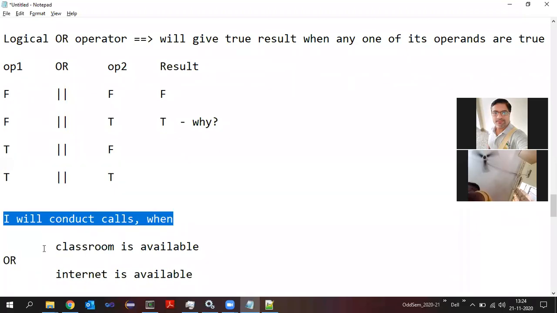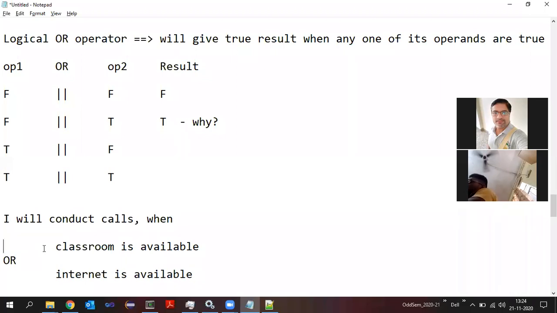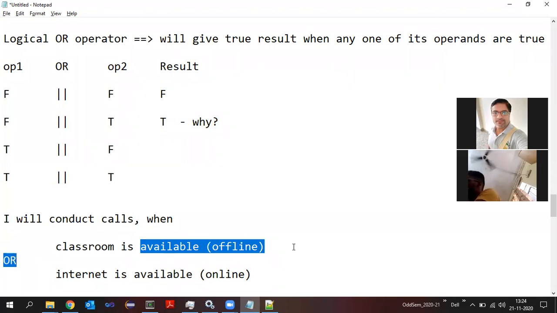I will conduct the class when either the classroom is available or the internet is available. Here, this is offline classes and this is online classes. Getting the point? Now, I will conduct the class when any one of these is true.